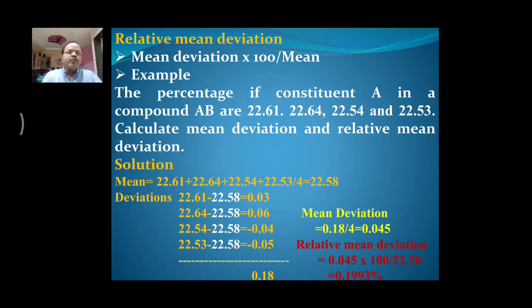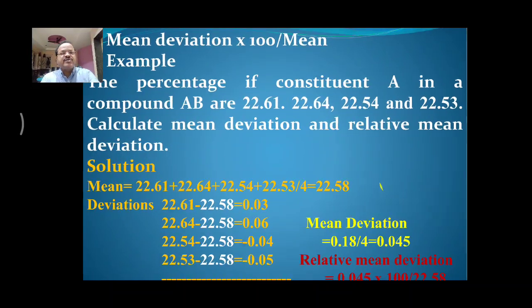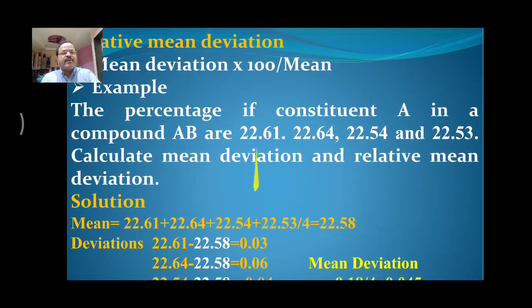Now relative mean deviation, another term. So mean deviation, how is it determined? Mean deviation into 100 divided by mean, that will give you the relative mean deviation. Now let's consider one example so that these points will become clearer.